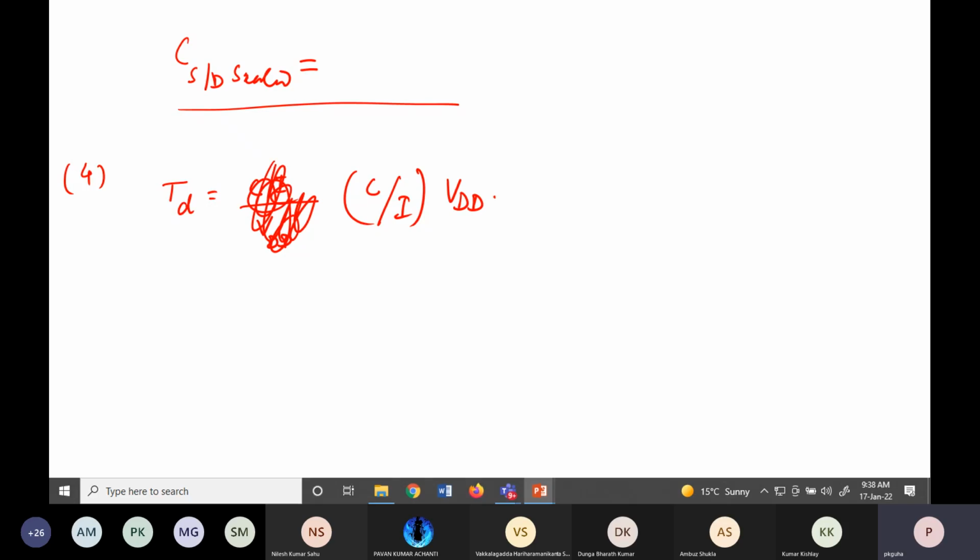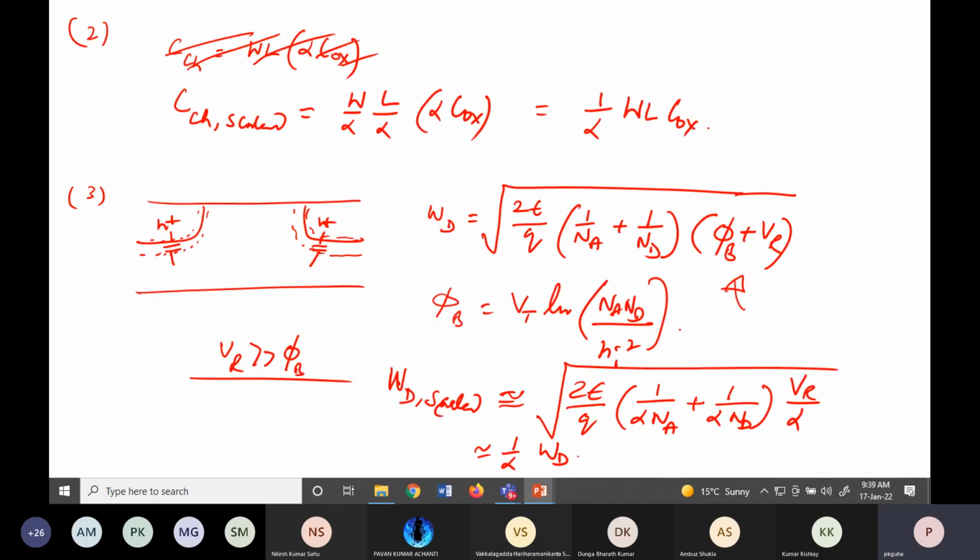Now if you look at the scaling effect, all these capacitances we have discussed so far will decrease due to scaling.